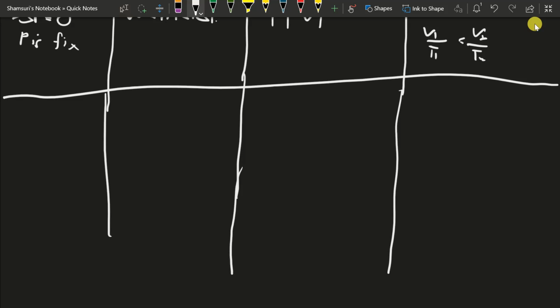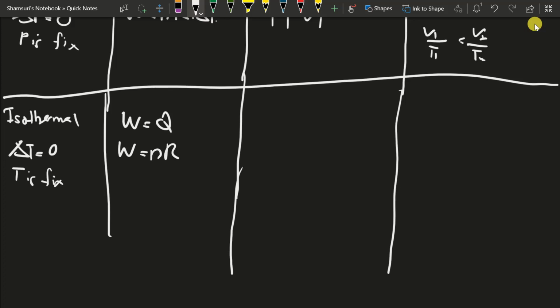Then another one is isothermal. In isothermal, delta T is equal to 0, or T is fixed. You have discussed this one previously. Then we know that when T is fixed, the work is the same as Q, and the work is equal to n R T ln of V final divided by V initial.